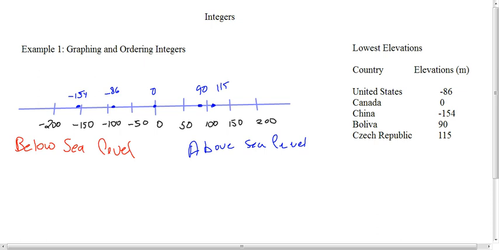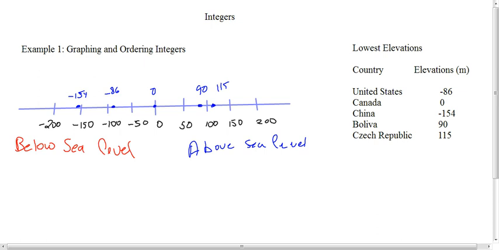We can take this information, as you see that I've done, and transform it on the real number line. And by doing so, we can determine, let's just hypothetically say, which country has the lowest elevations.